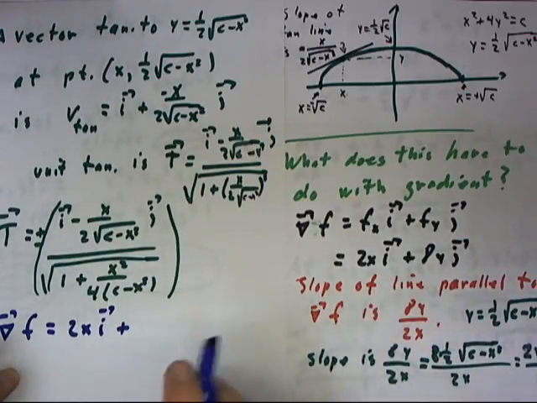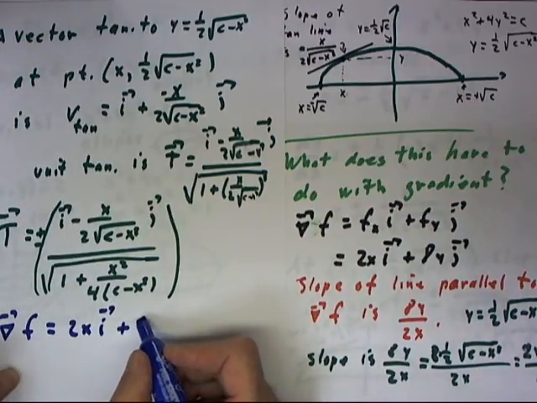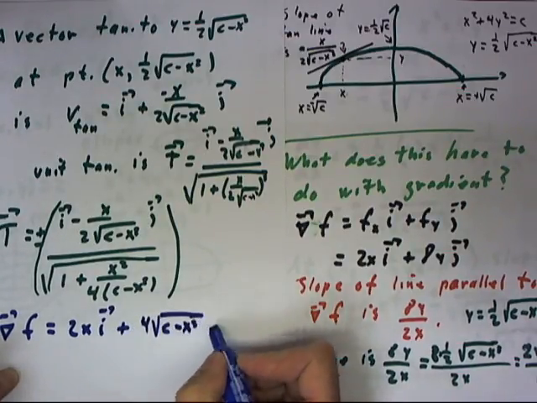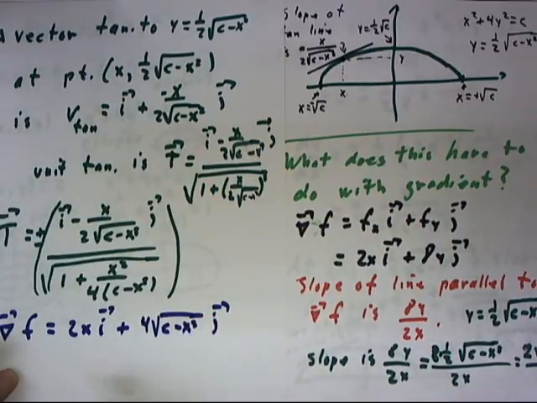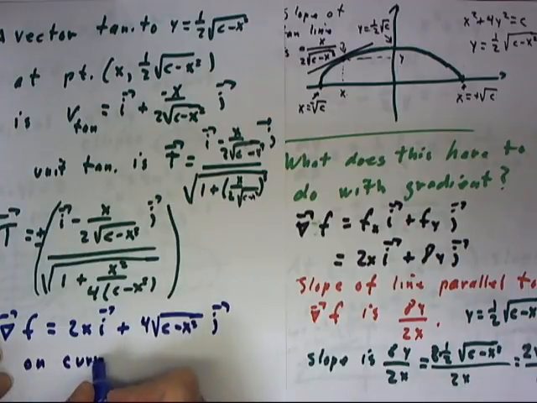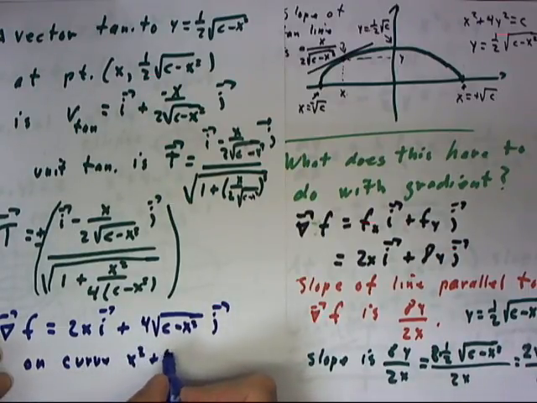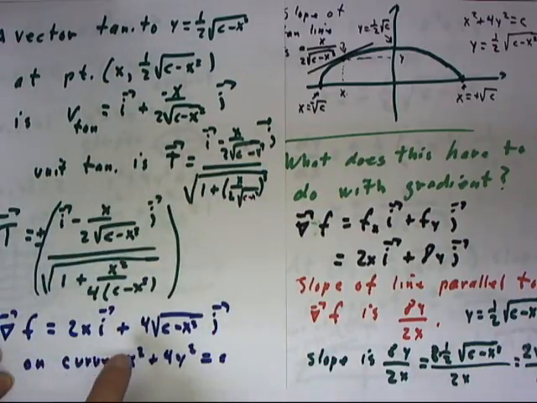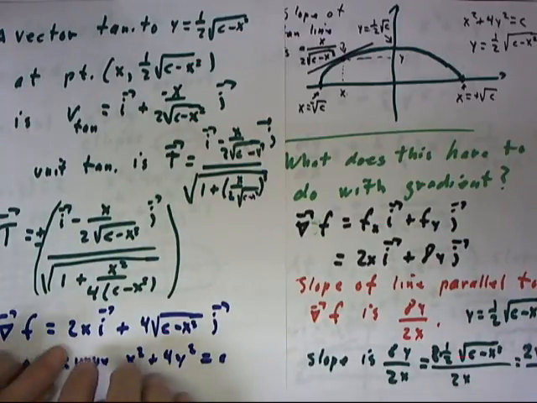So when we multiply that by 8, we get 4 times the square root of c minus x squared j on the curve x squared plus 4y squared equals c. Now you can write these expressions out and check for yourself with this vector and this vector, or with this vector and this vector. I'll just point to it.